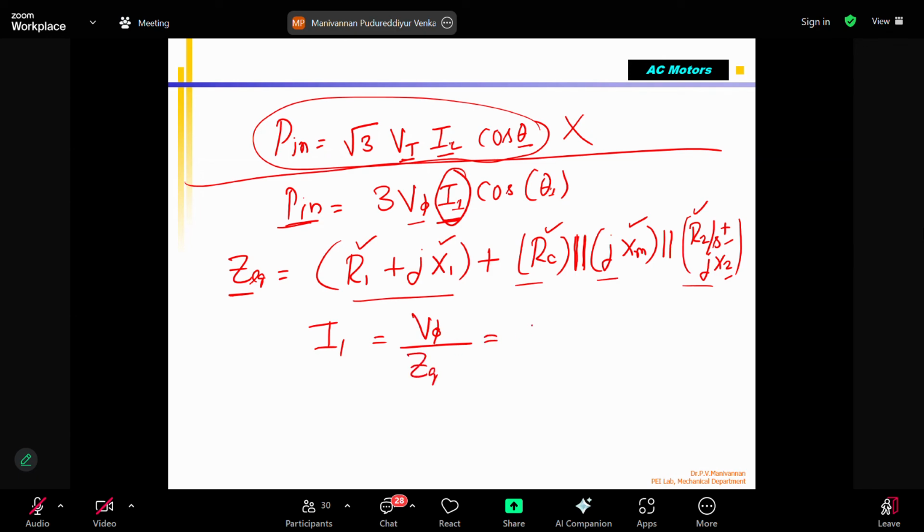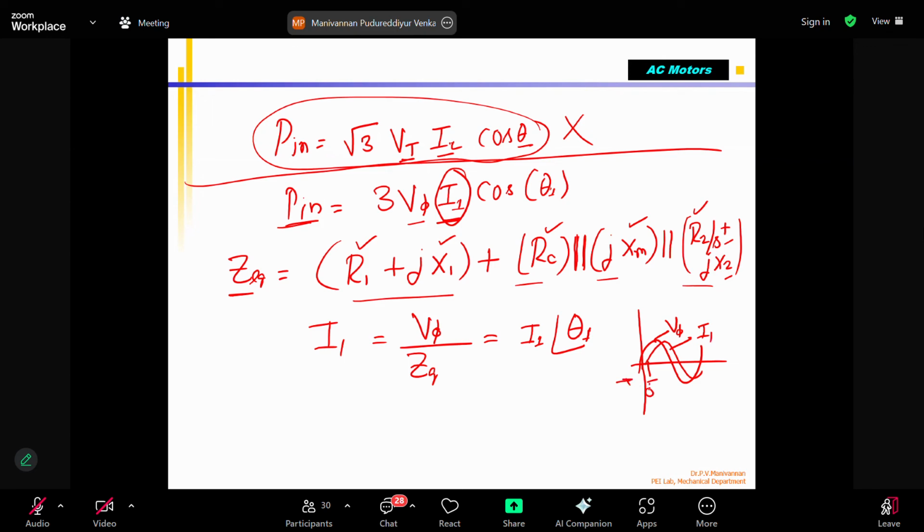Correct. Generally, we get a magnitude with an angle. When you calculate this, you will get theta 1. Theta 1 is the phase difference between the voltage and current. I told you, for AC voltage in an inductive circuit, automatically the phase difference should be there. This is my voltage, V phase. This is my current, I1. The difference is theta 1.